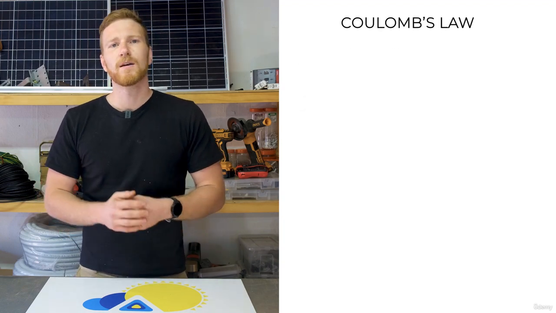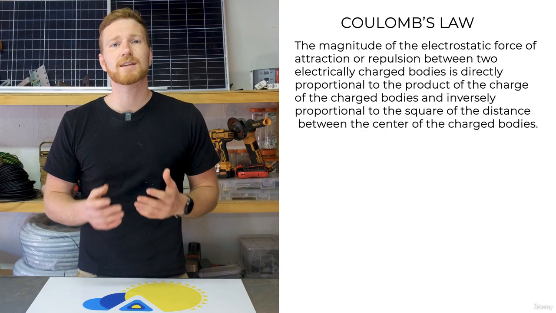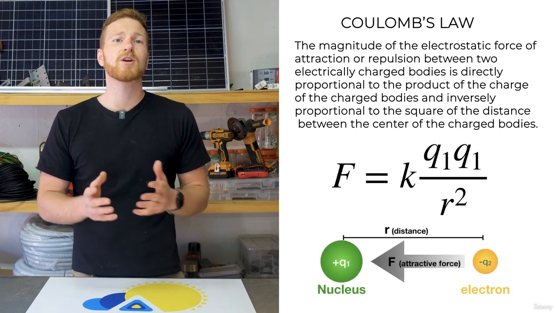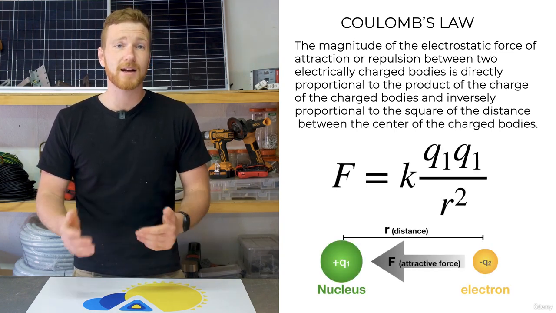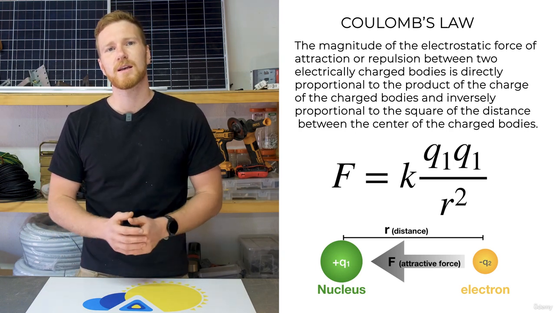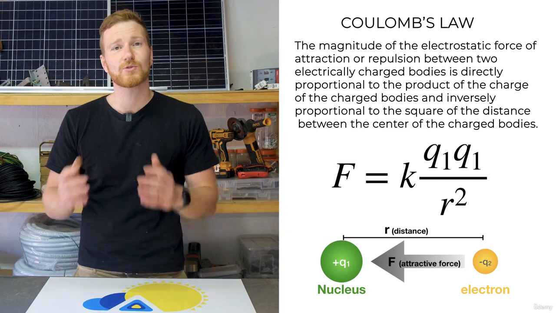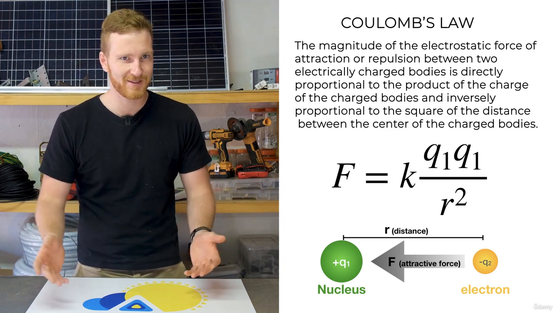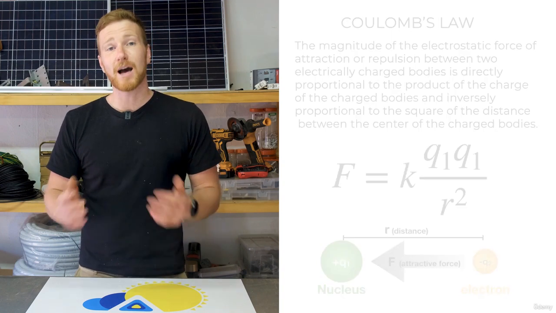Coulomb's law. The magnitude of the electrostatic force of attraction or repulsion between two electrically charged bodies is directly proportional to the product of the charges and inversely proportional to the square of the distance between the centers of the charged bodies. Gauss's law.